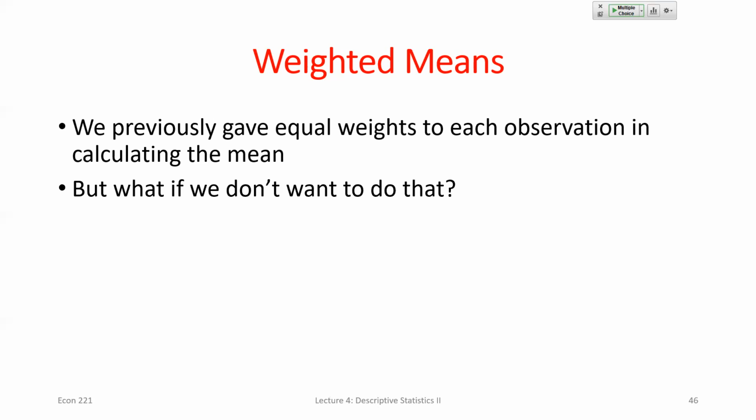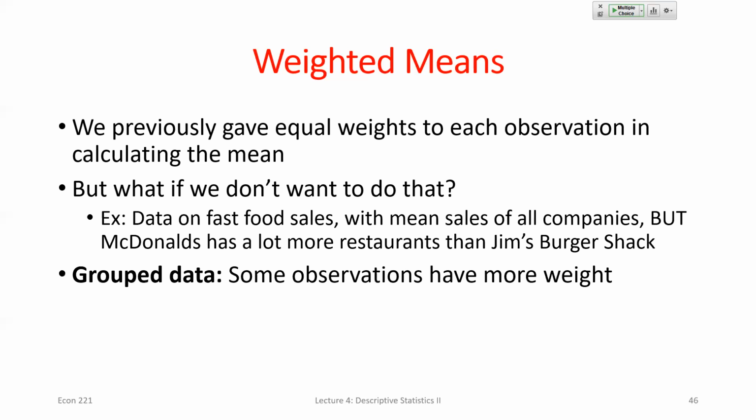That's the same thing as multiplying each x by 1 over n. So with a regular mean, we're weighting every observation equally because it represented one individual, one company, one whatever. Here, if we have group data, some categories are going to carry more weight.